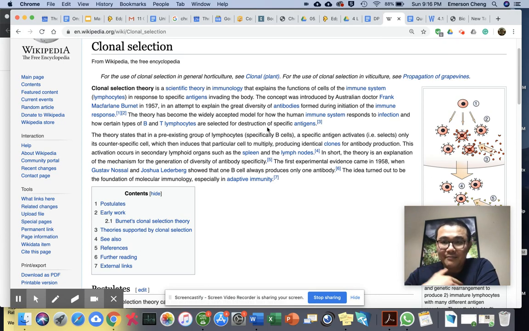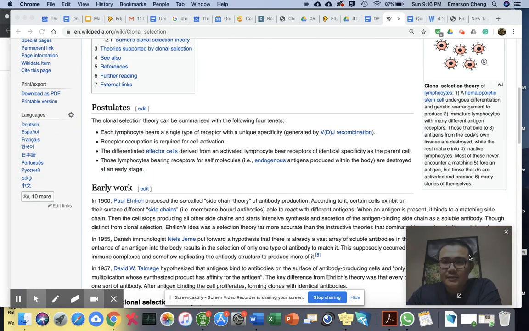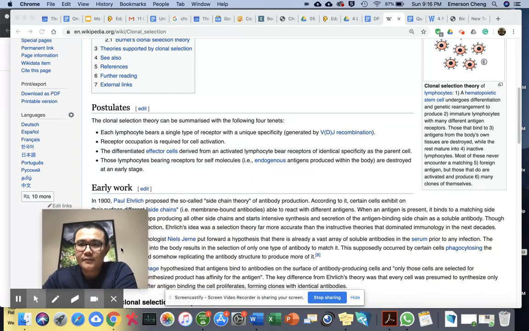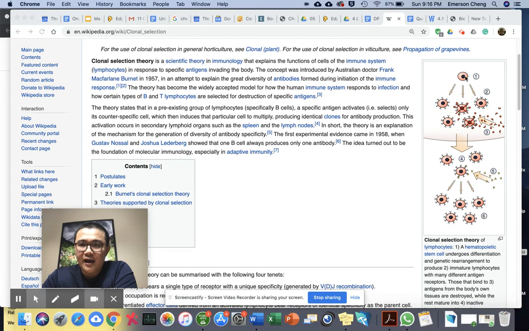So what I'm teaching right now is a simplified version and some basic stuff. When you're talking about clonal selection, in this diagram you have stem cells turning into different kinds of immature lymphocytes, and we are only really focusing on B cells right now.